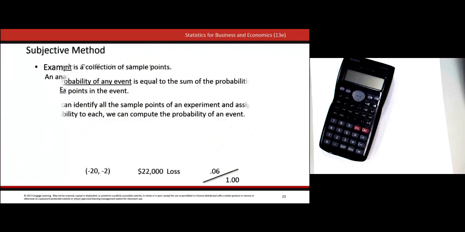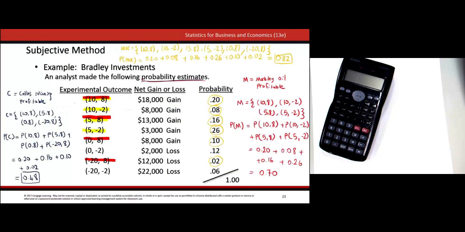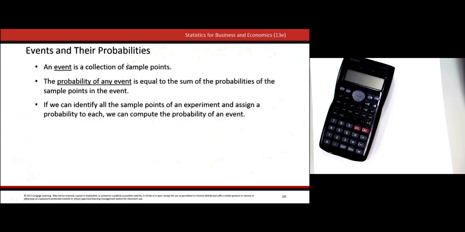M union C: Markley profitable or Collins or both. So this means at least one of them is profitable. What's the probability that at least one of the investments is profitable?